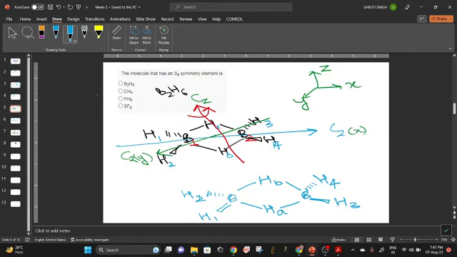But there is one more C2, the one I have drawn, that is also passing through 2 atoms, right? Yes. So in that case, we should take the one perpendicular to the plane of the molecule. Which one is it? The red one, along the z axis. Yes, ma'am.